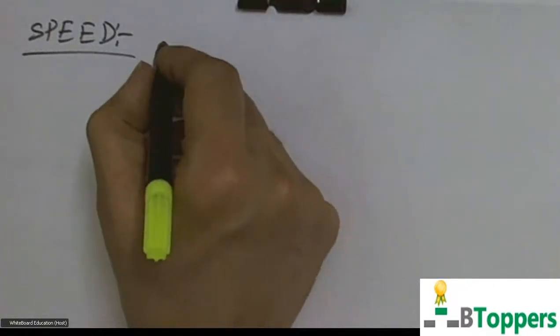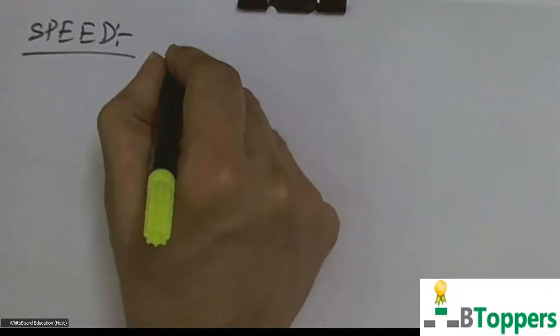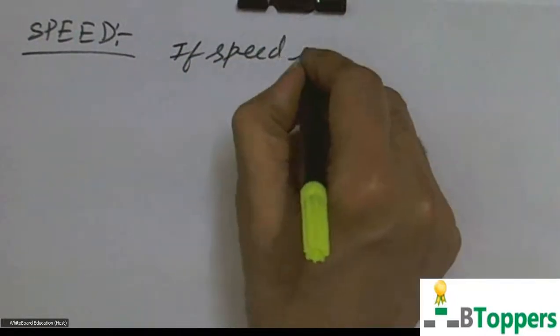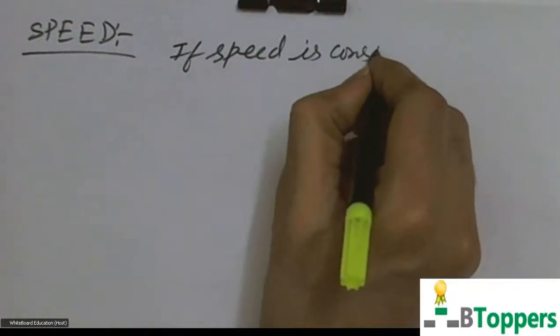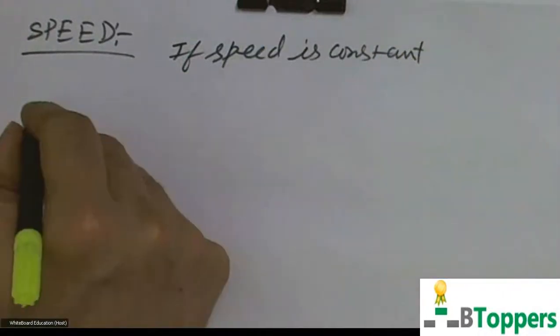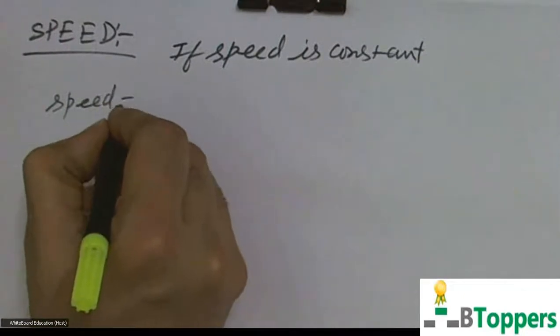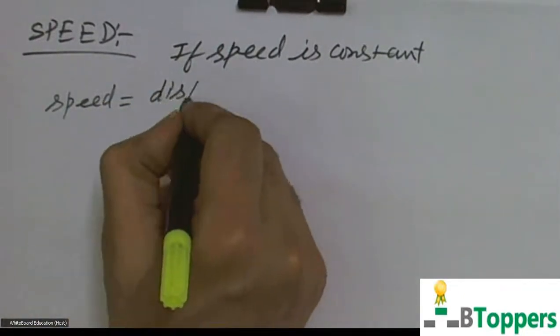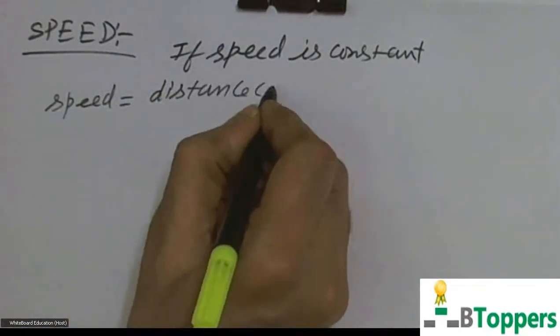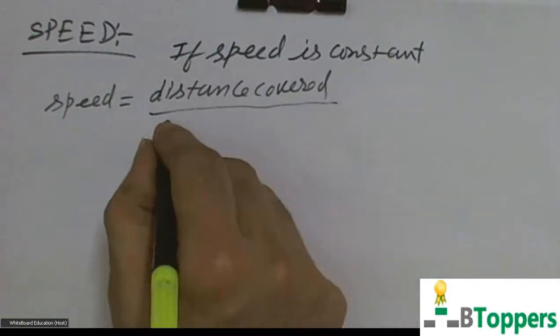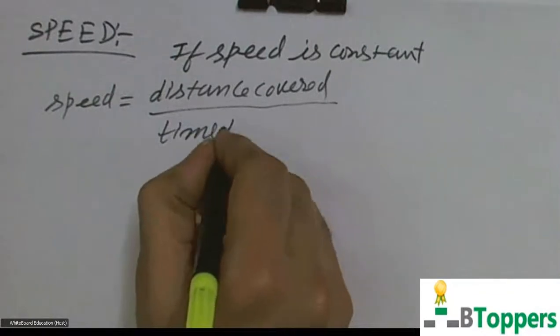So if a particle moves with constant speed, we can write the speed of the particle is equal to the distance covered by the particle divided by the time taken.